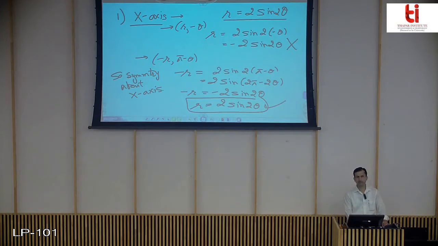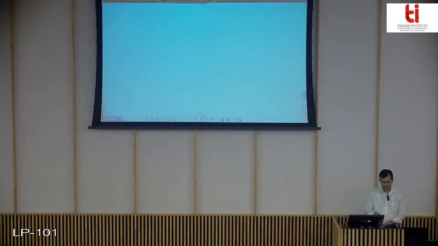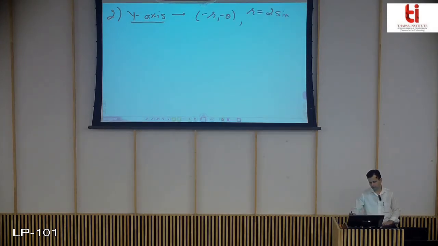Let us now move to the y-axis to check whether the curve is symmetrical about the y-axis or not. We first consider the point (minus r, minus theta). The curve is 2 sine 2 theta. When we substitute the point, you get 2 sine 2 times minus theta, that is, minus r equals minus 2 sine 2 theta, and clearly you get the same curve.